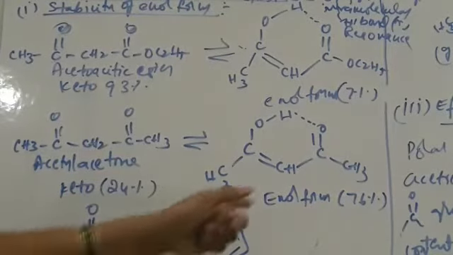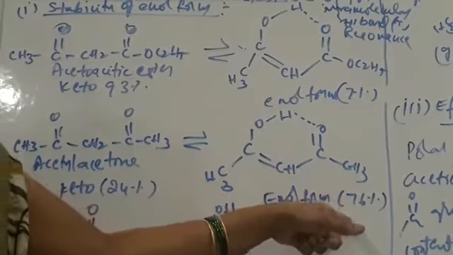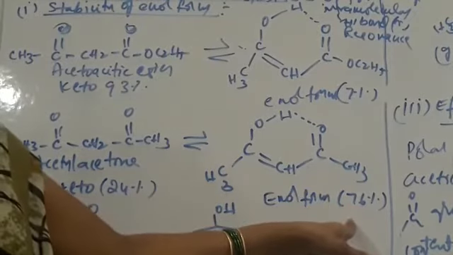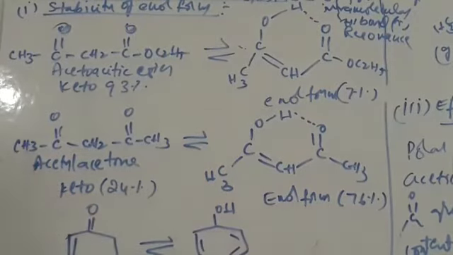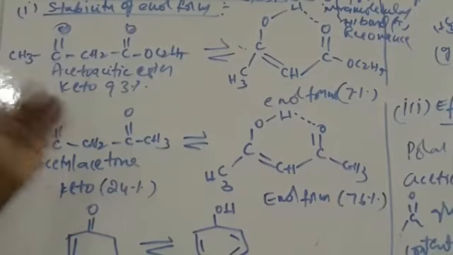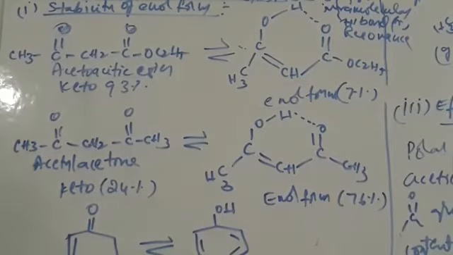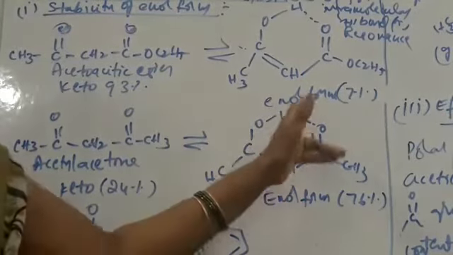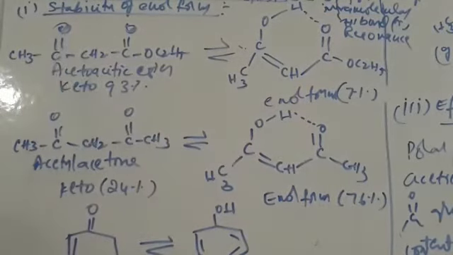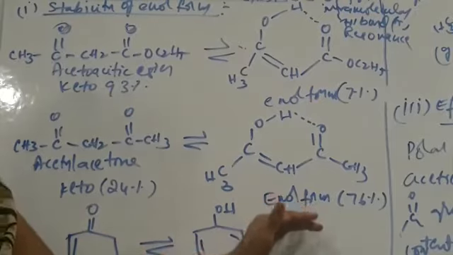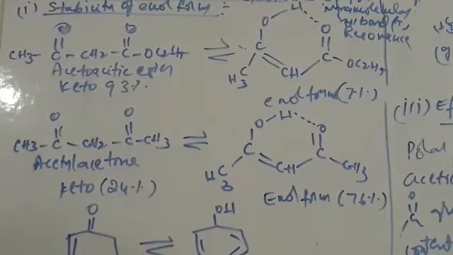We get 76% of enolic form here, more than that of the keto form. Keto percent is only 24%. The enolic form gets stabilized due to the formation of intramolecular hydrogen bond, and the percentage of enolic form here is 76%.